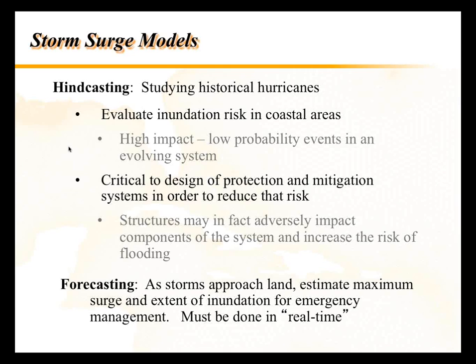As storms approach land, of course, you want to make an estimate of what the maximum surge is going to be and give that estimate to the emergency managers. We work with the Texas Division of Emergency Management, so anytime a storm is approaching Texas, we run our model, we give them the results, and they use that, along with other model results, to make decisions about evacuations and where to deploy first responders.